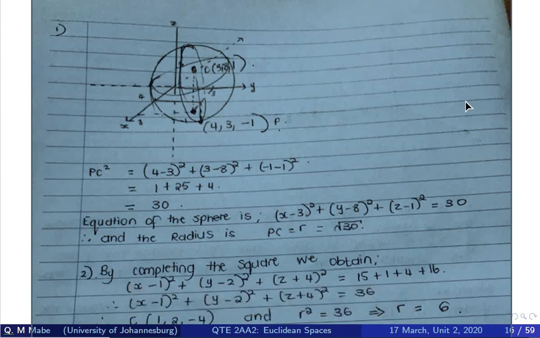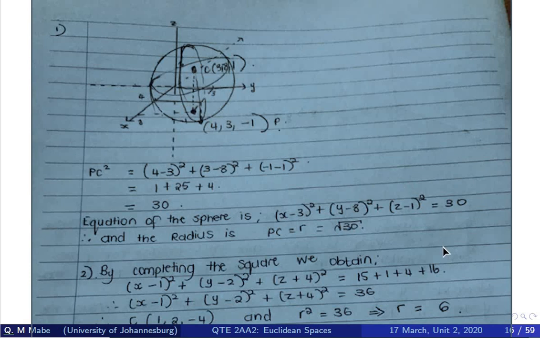What we do is x minus 1, right, all square, it's the same as adding 1 on the left hand side, so I have it as plus 1. Y minus 2 is the same as adding 4, because when I simplify further I will have a plus 4 term, so I add 4 on the right hand side. And I also have z plus 4, which is the same as adding 16 on the left hand side.